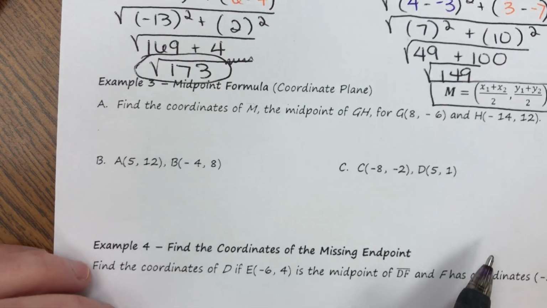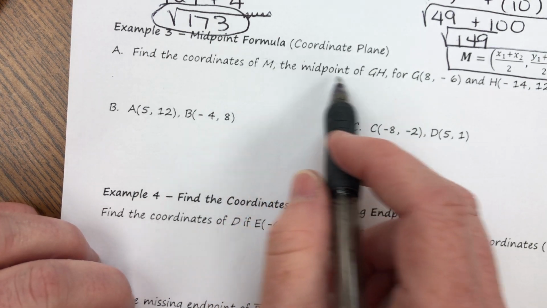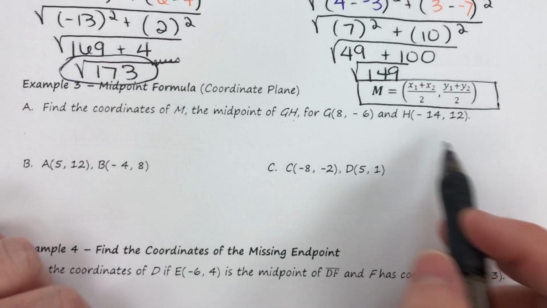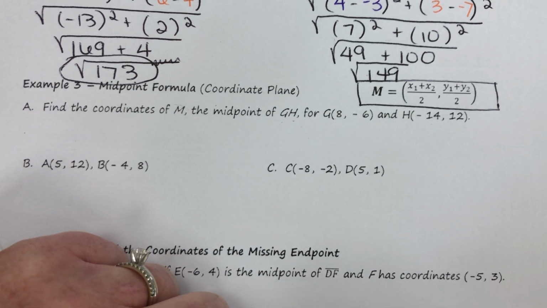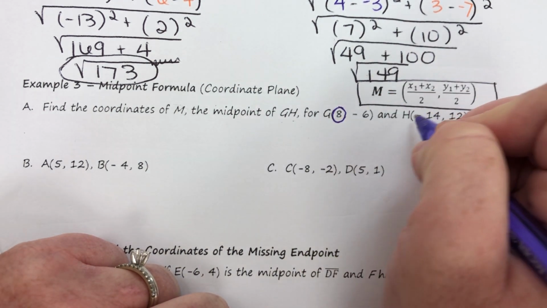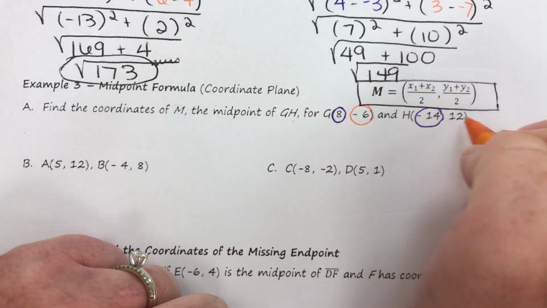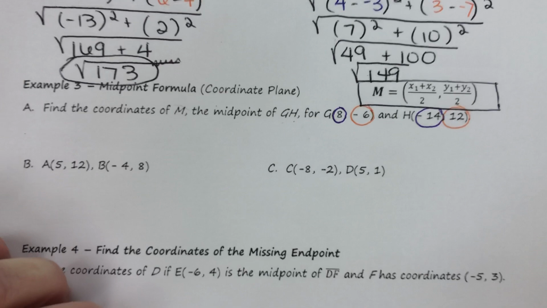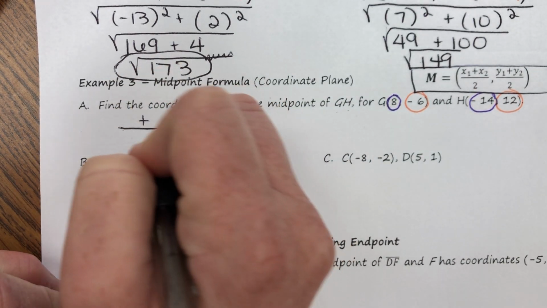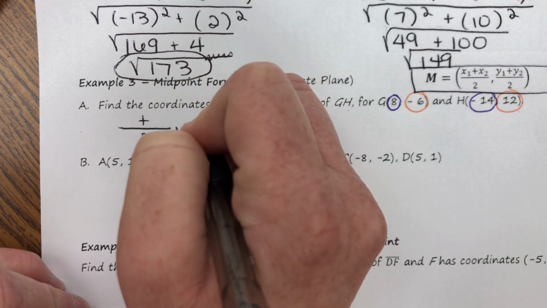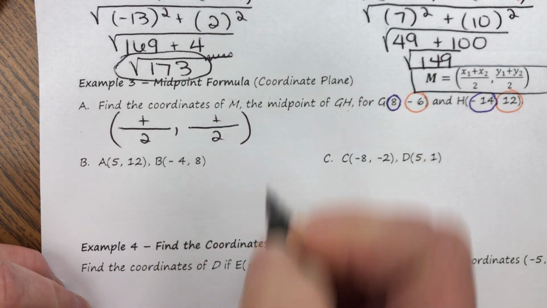Okay, and then lastly, we have our examples of the midpoint formula. Find the coordinate of M, the midpoint of GH for this information right here. So again, I'm gonna use purple for my X's and orange for my Y's. So when I write the midpoint formula, I'm gonna do X plus X divided by 2 and Y plus Y divided by 2.